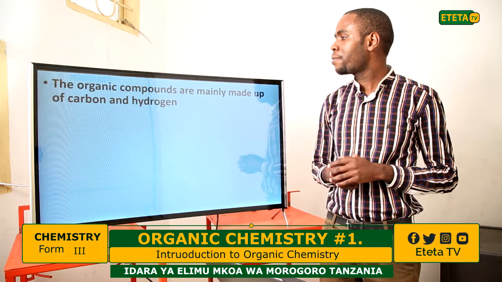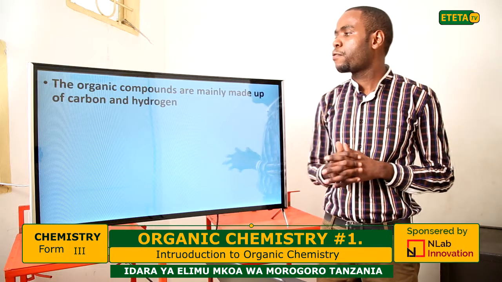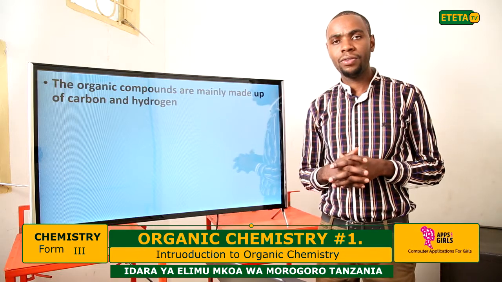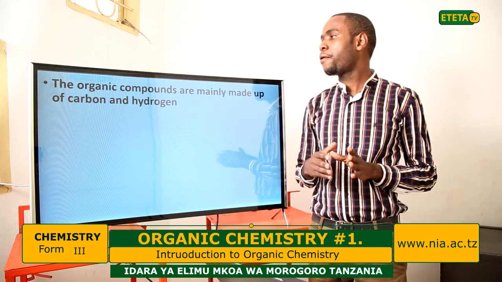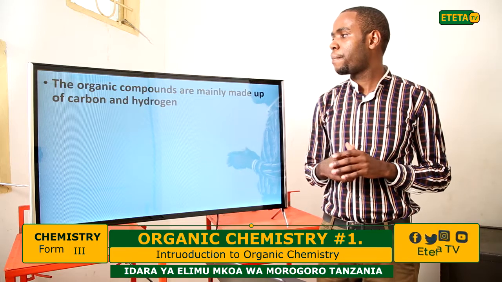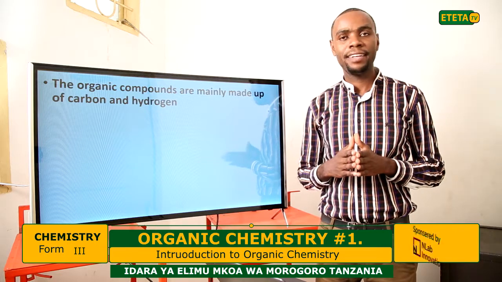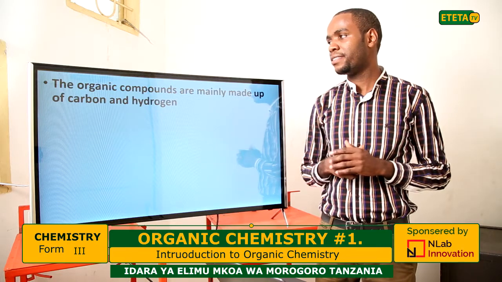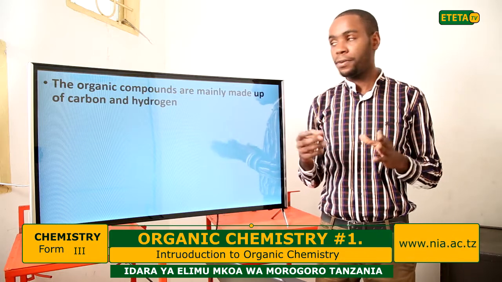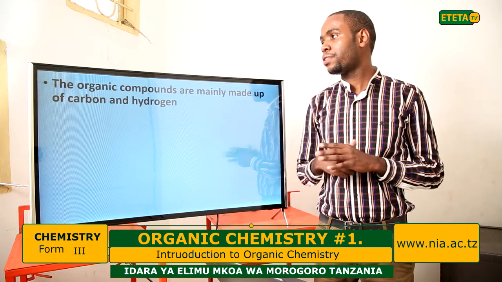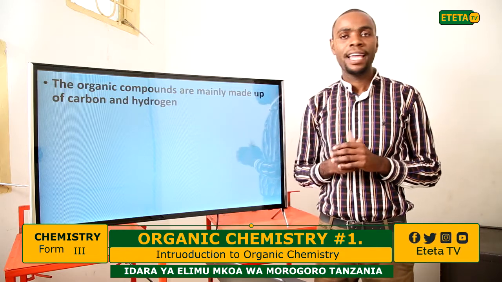Now, the organic compounds are mainly made up of carbon and hydrogen. So the elements which make up organic compounds are carbon and hydrogen. So these are main elements. Although other elements can appear in a compound, these are main elements which make up organic compounds.